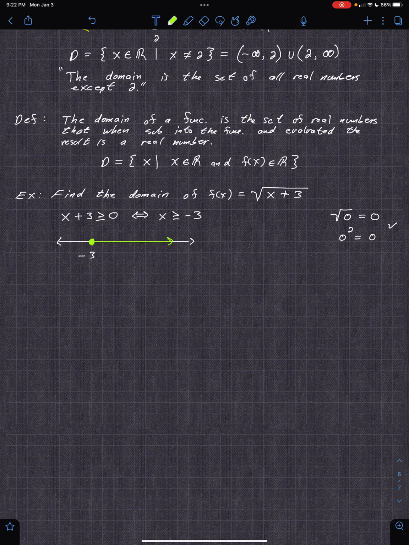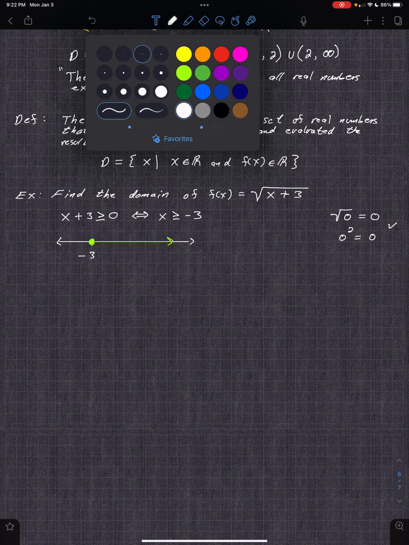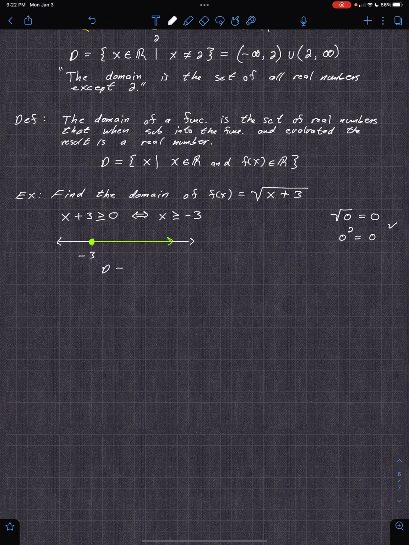So the domain is equal to, including negative 3, and then you approach infinity. That's pretty easy to write. Or you may write it with set builder notation: the set of x such that x is greater than or equal to negative 3. Either way is fine.